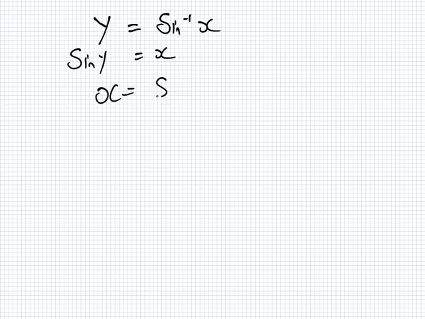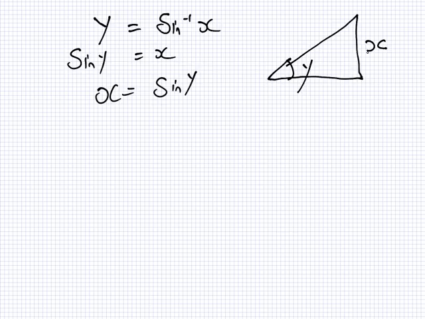We have y equals sine inverse x. If I take sine of both sides, I get sine y equals x, or in other words, x equals sine y. Let's just draw a little triangle here. So y is the angle, x is the ratio.